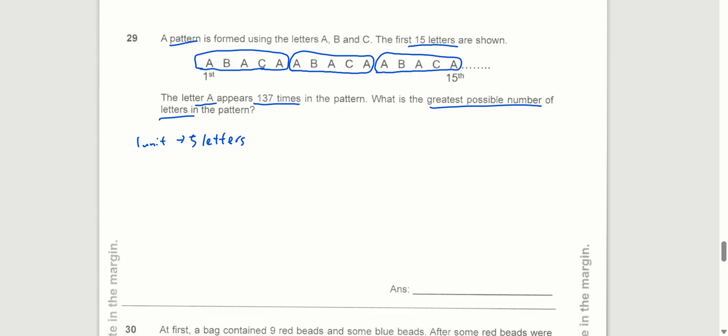And in each unit, each group, in one unit or one group of repeating unit of letters, you should see 3 A's.